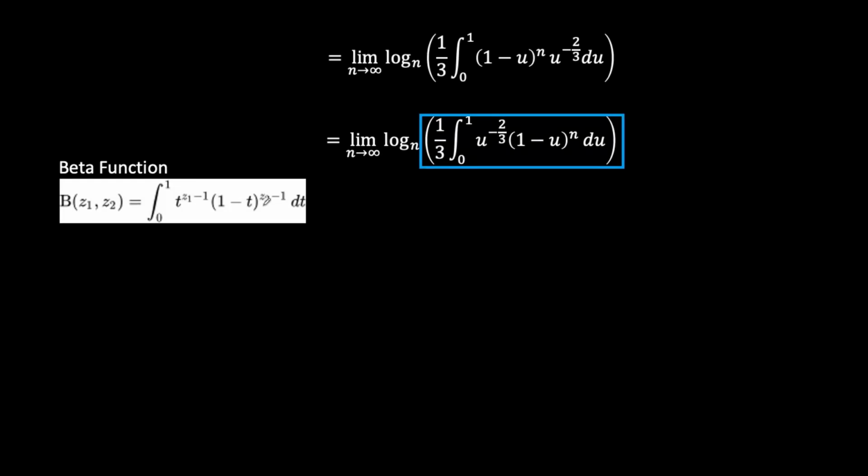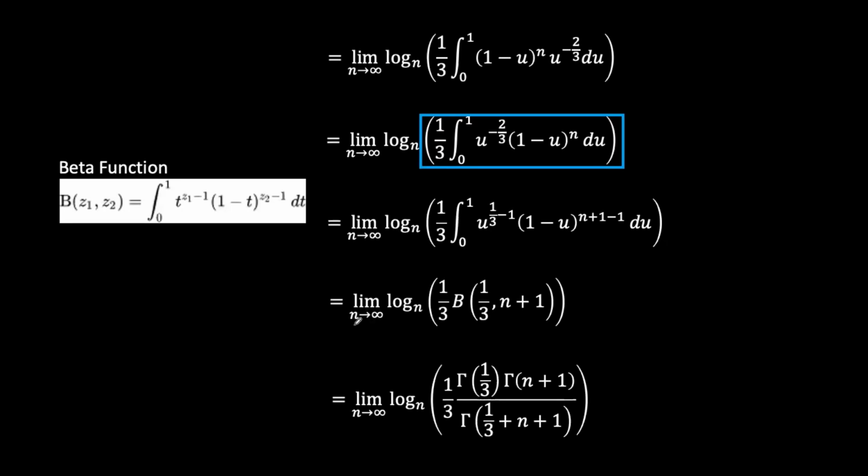So we can express this in this form, only that obviously here we have u and there we have t. So I can express negative 2 over 3 as 1 over 3 minus 1. And then (1 minus u) to the power n can be expressed as (1 minus u) to the power n plus 1 minus 1. So Z1 here is a third and Z2 here is n plus 1.